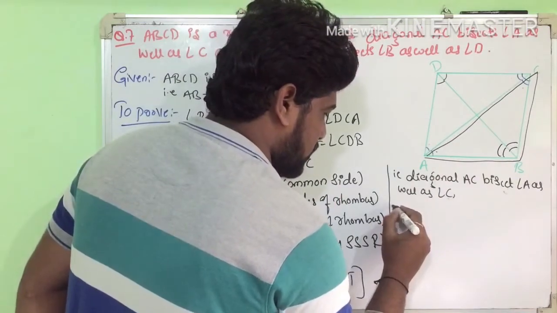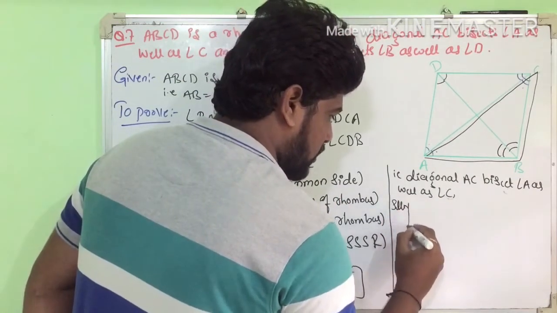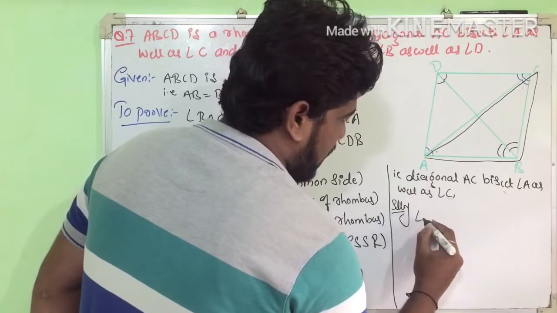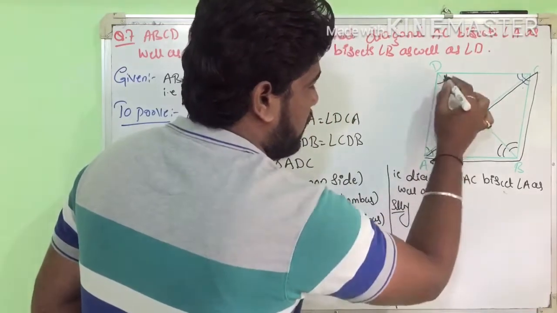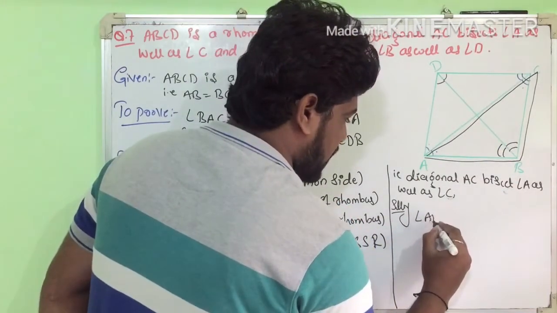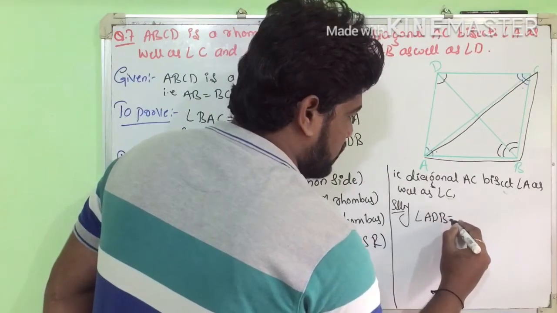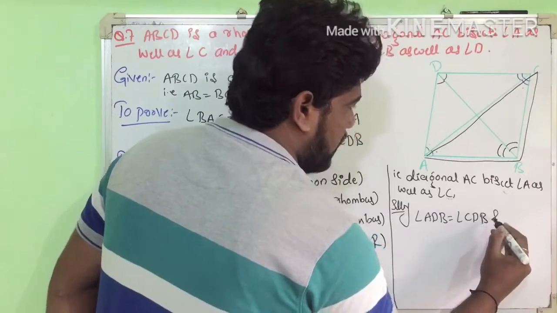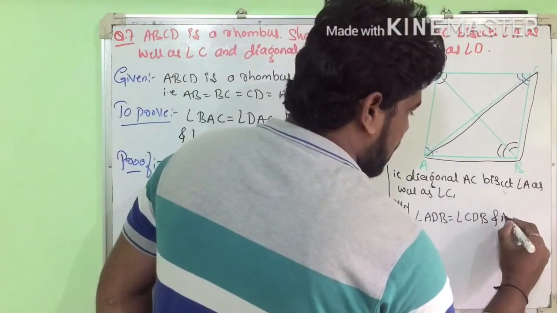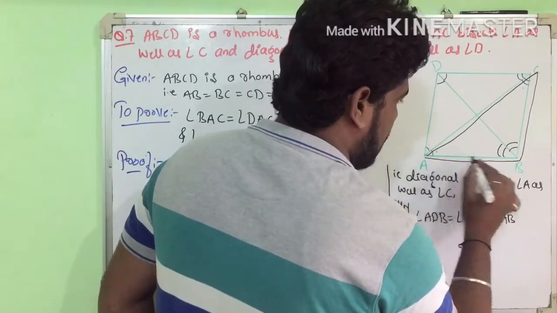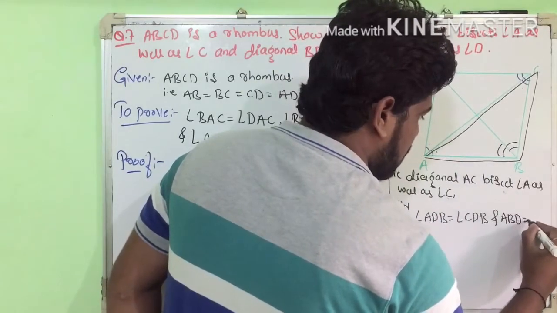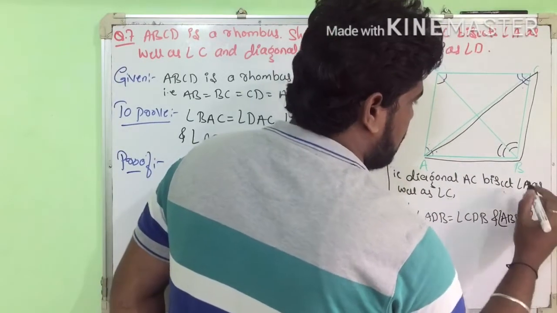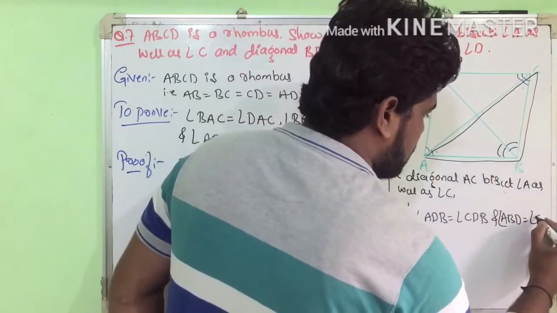So write down here. Similarly, angle ADB is equal to angle CDB, and angle ABD is equal to angle CBD.